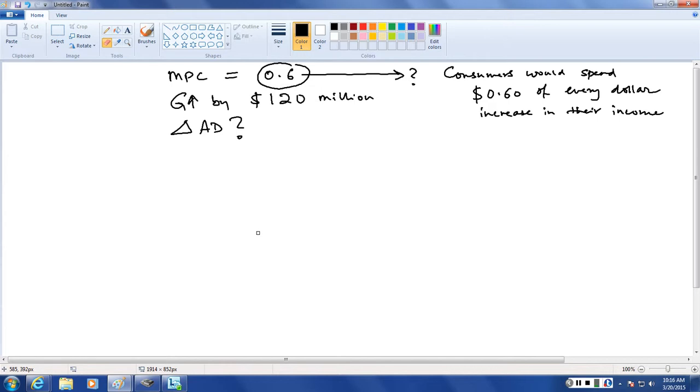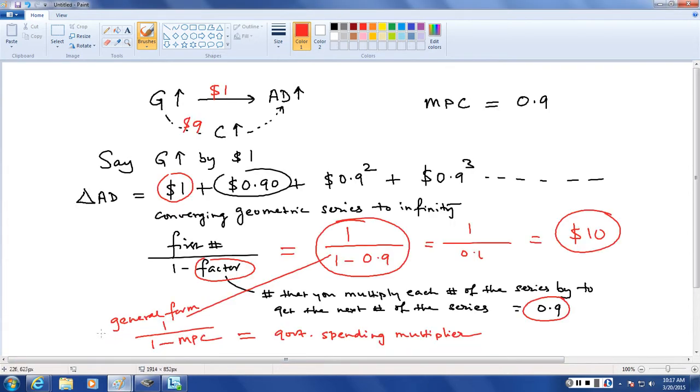Well, just bear in mind that a single dollar increase in government spending causes a 1 divided by 1 minus MPC change in AD, because that is the value of the government spending multiplier. Is that correct? Let's go back to this. What does this government spending multiplier mean?